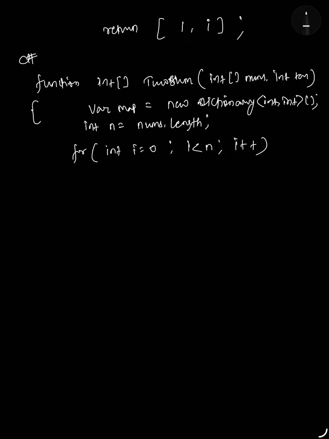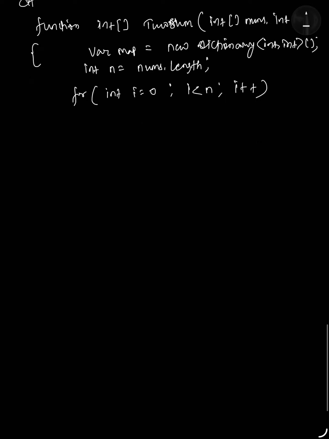Okay, so what we will be doing, we will be moving ahead and checking whether in my dictionary I have the value target minus array of i. This is the check integer we have to compute.